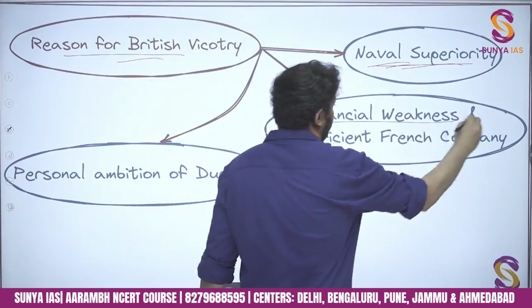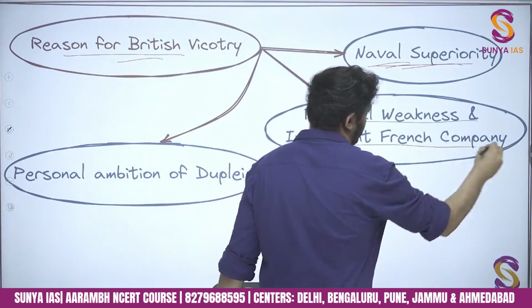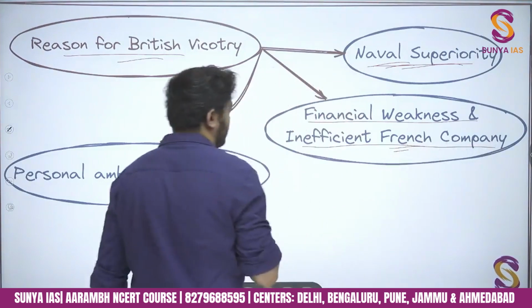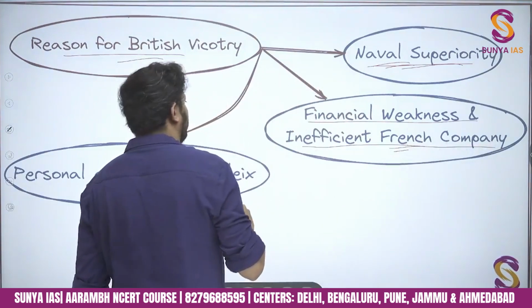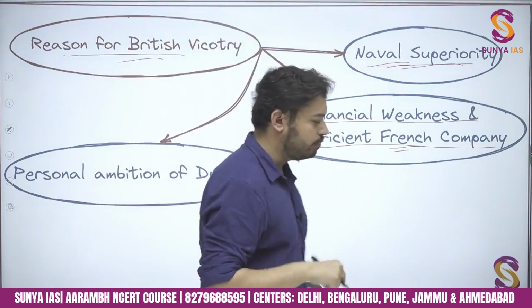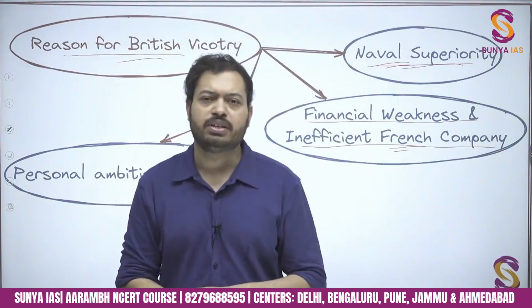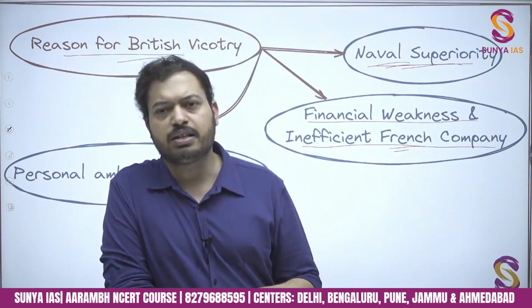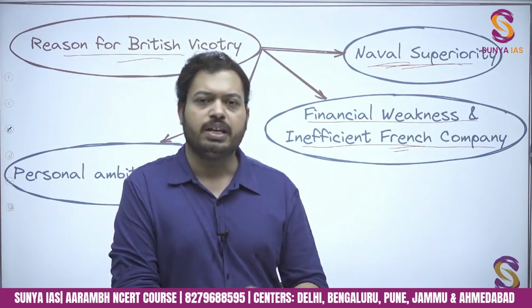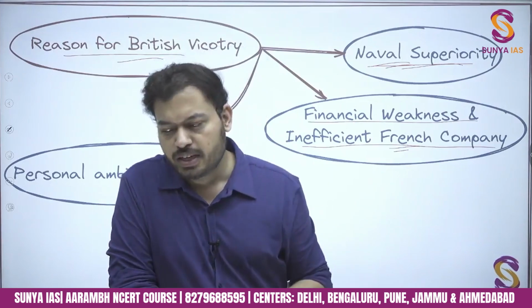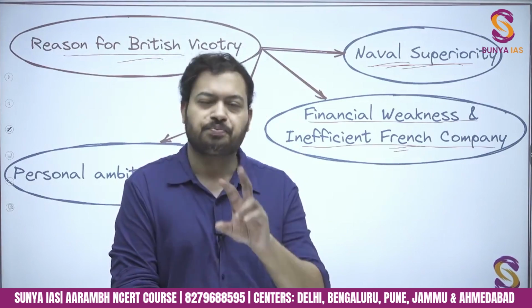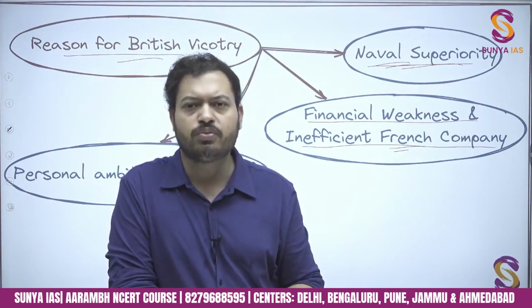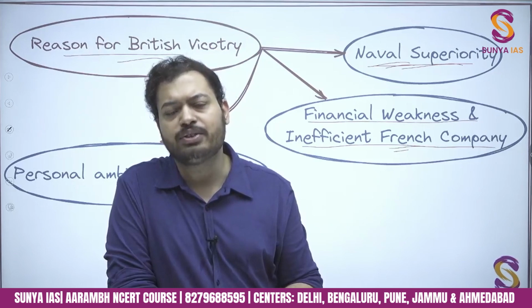Now, financial weakness and inefficient French company. Okay, that is also very important, because I told you initially, when we started discussing the French East India Company, that financial weakness was one of the very big problems. And why was there financial weakness?